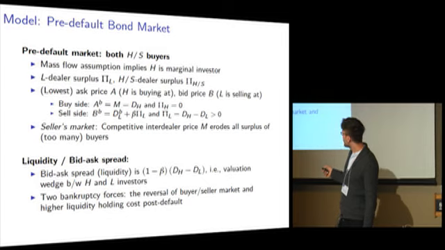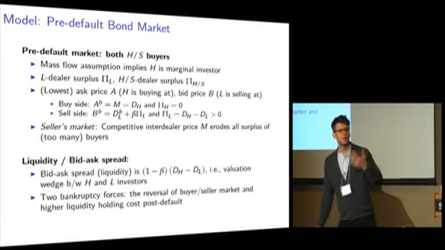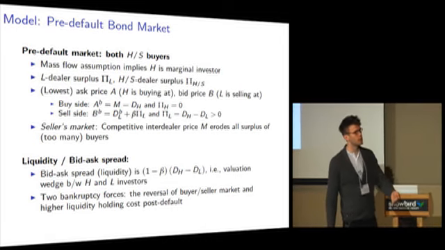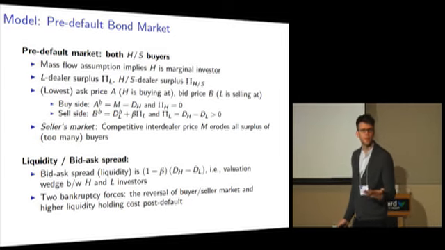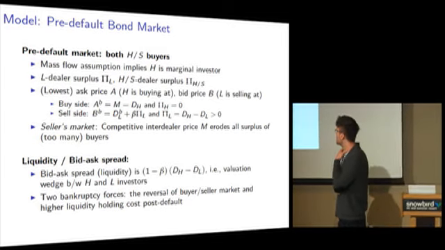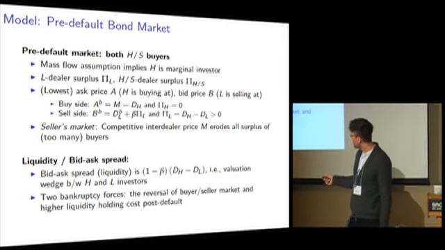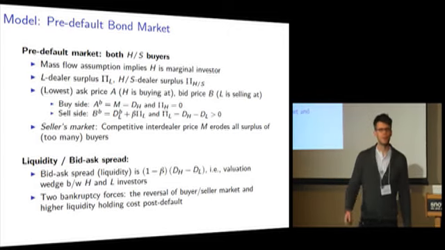The bid price is essentially just the DL, that's the valuation of the low type as if we never were able to sell the bond, plus beta of the surplus. Beta here is the bargaining power of the investor. So what that implies is that we can essentially solve for the bid-ask spread as the difference between the high guy valuation and the low guy valuation times some 1 minus beta, that's basically the proportion of the surplus that accrues to the dealer.